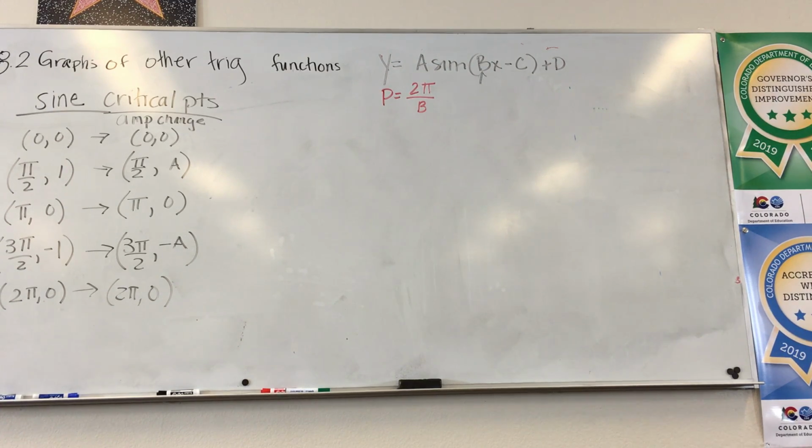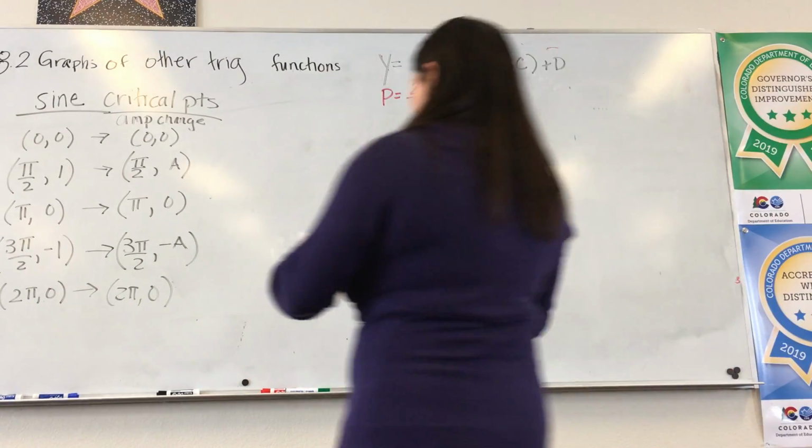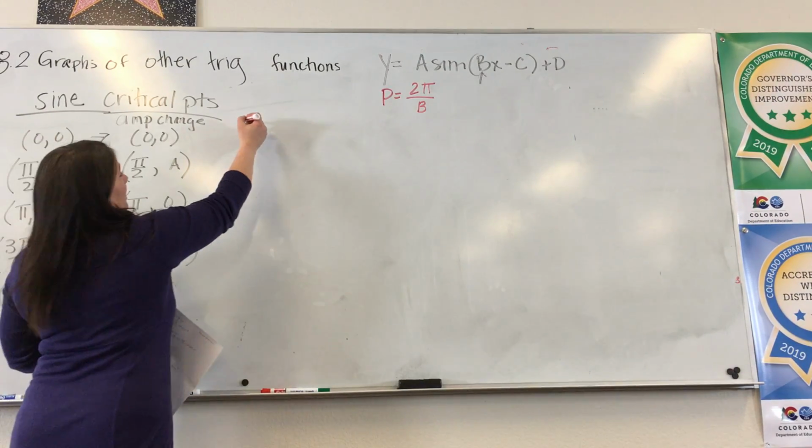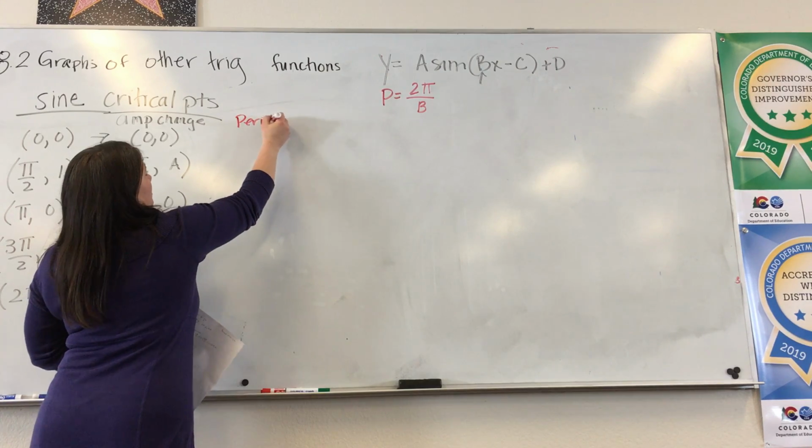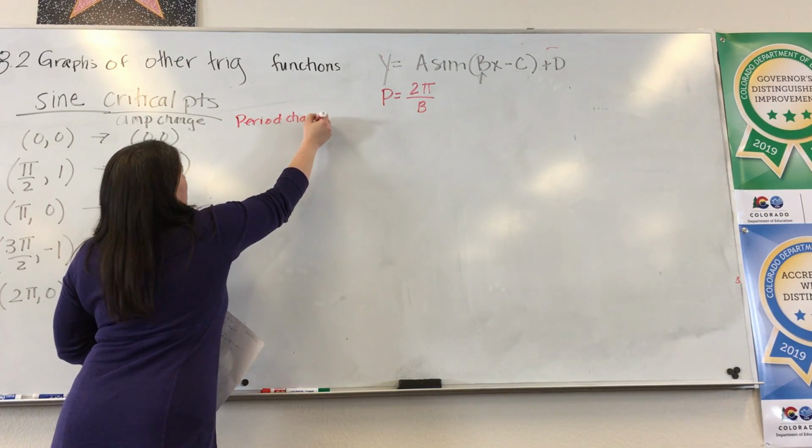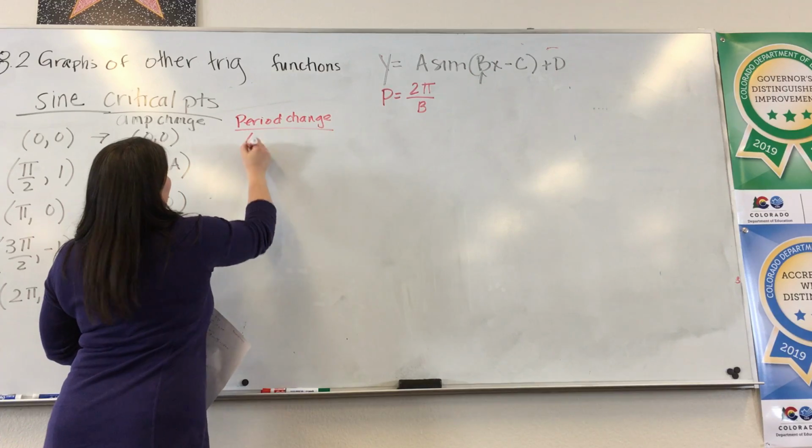So I still start at (0, 0). I just either stretch it out farther or push it together closer. Is (0, 0) going to change? No, so I'm still going to have (0, 0).